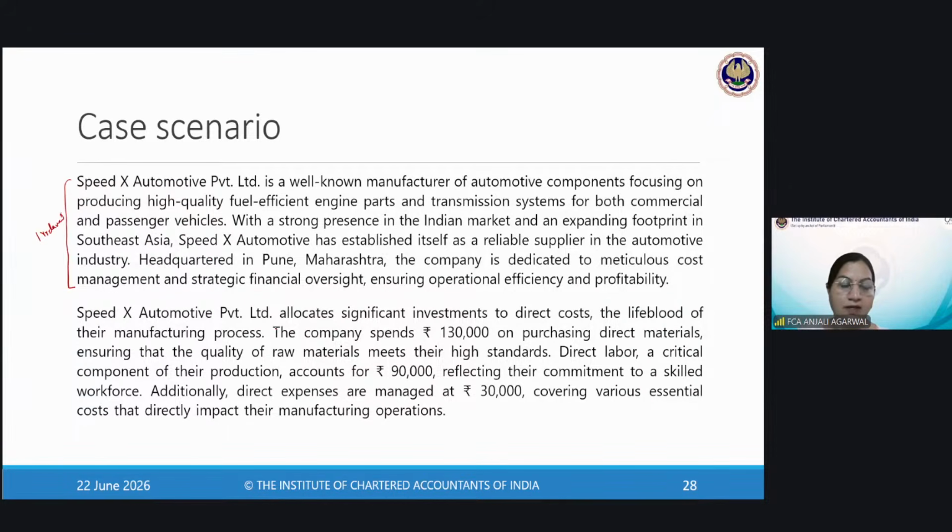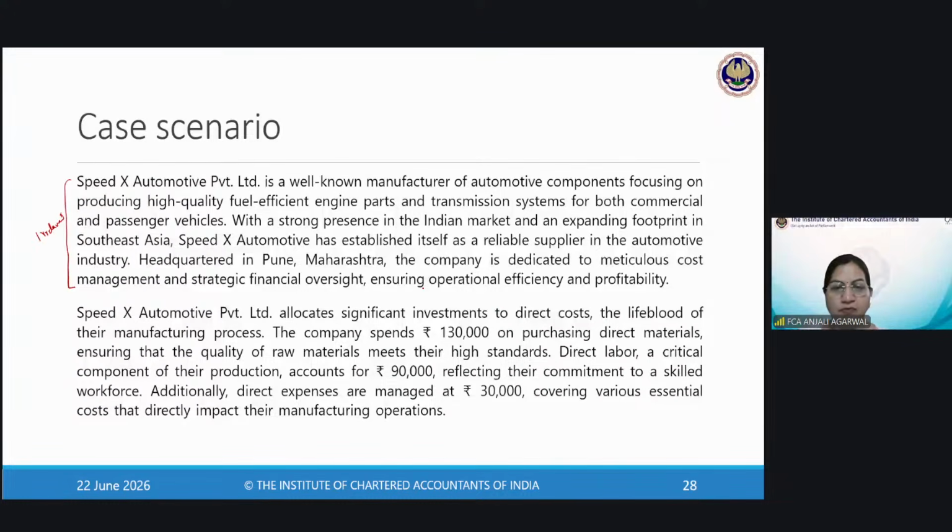Okay. Now, SpeedX Automotive Private Limited allocates significant investments to direct costs, the lifeblood of their manufacturing process. I told this irrelevant, but don't always start skipping reading the first paragraph. 90% it might be just bringing up the introduction or so. However, it might contain something relevant also. Read it carefully. Once you have read it carefully, then you can mark it.